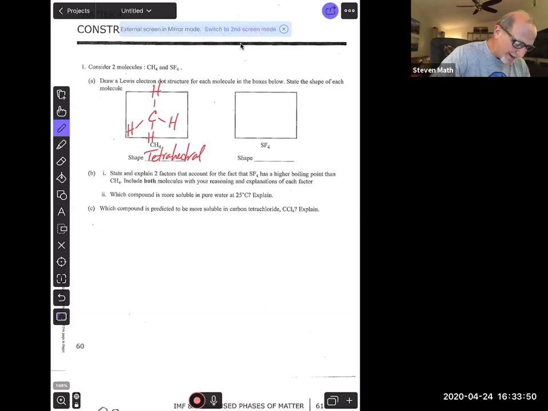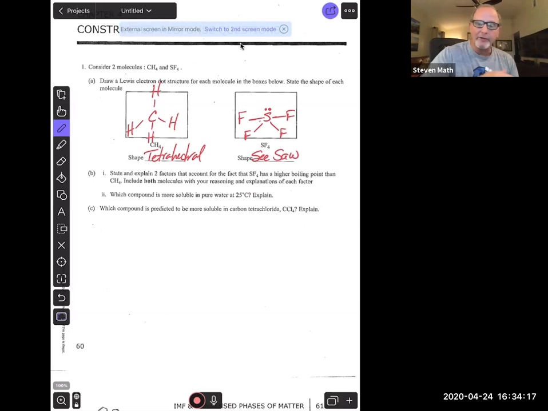Well, now we have to take everything else that's the same, put that S in the middle, go 1, 2, 3, 4, put those F's out there. This is a very covalent bond. Don't worry, it is not ionic. Put that there. 4 and 1, that's a seesaw. There we go.